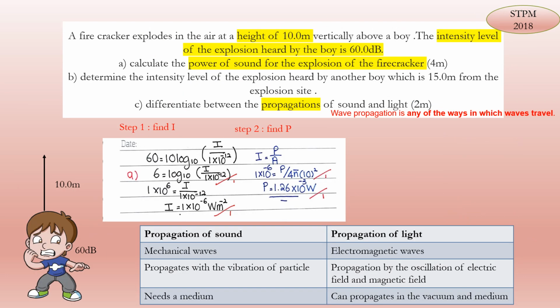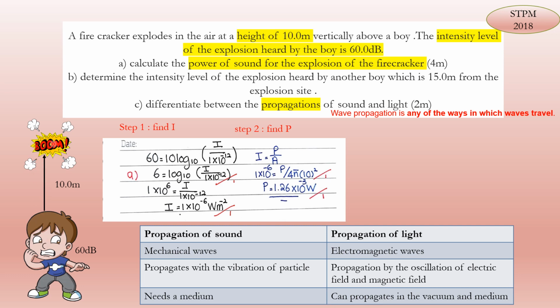Let's check on this question here. STPM 2018, it came out in an essay question. A firecracker explodes in the air at a height of 10 meters. It explodes vertically above a boy.